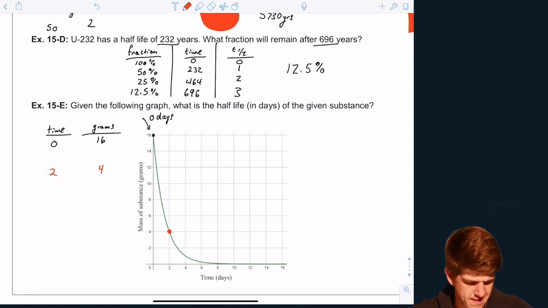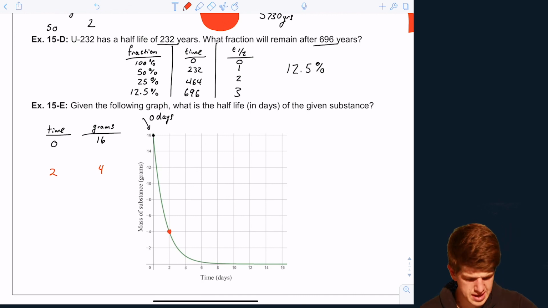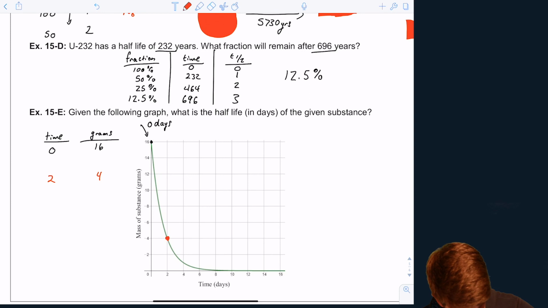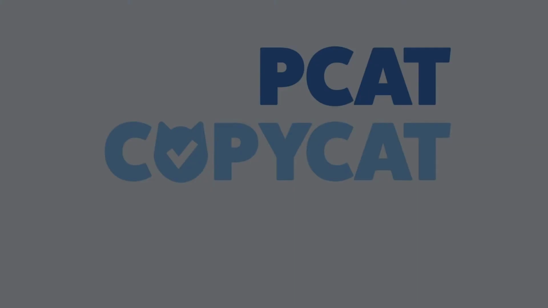So at the second half-life, I'm at 2 days, which means that my first half-life is half the time, which means 1 day, and at that point I would have 8 grams. So given the following graph, what is the half-life in days for the given substance? The half-life is 1 day.